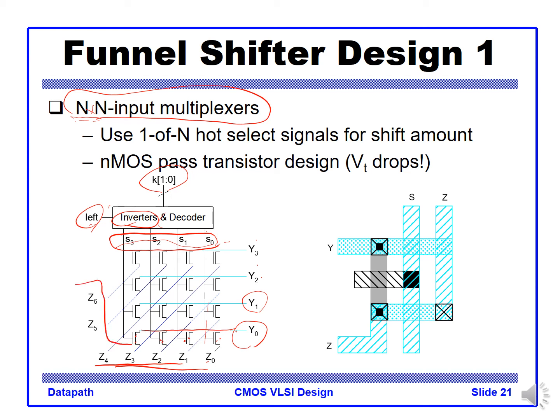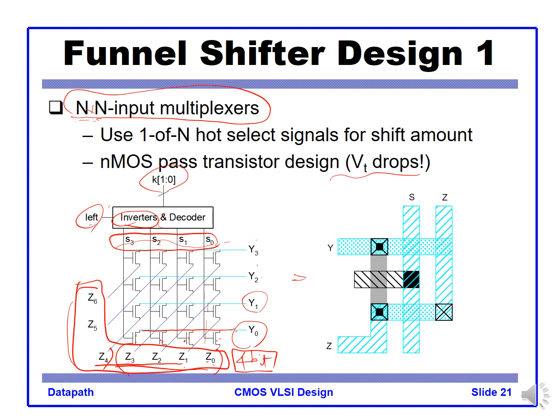On the G field we have in this case 1 2 3 4, a 4-bit input, so we add an additional 3 bits on the left to complete the funnel shifter structure. This pass transistor with a single MOS will have a VTH drop problem, so we need a low-VT device or some amplifier on the output to recover the logic level to VDD.